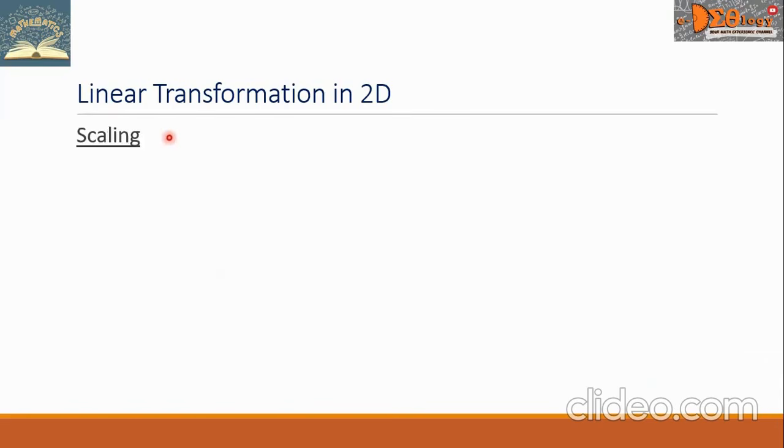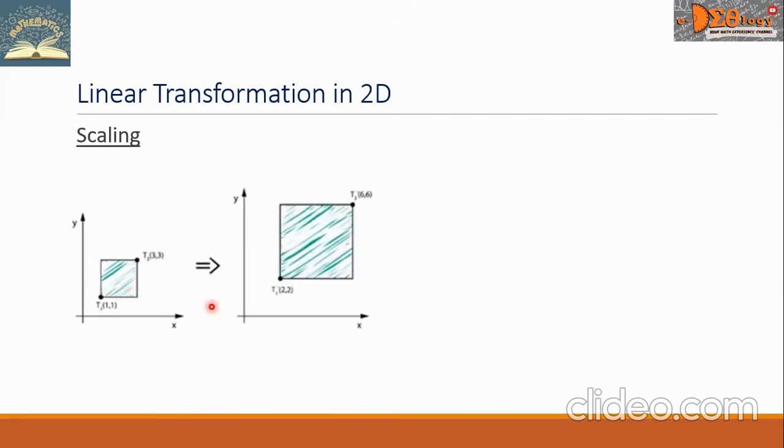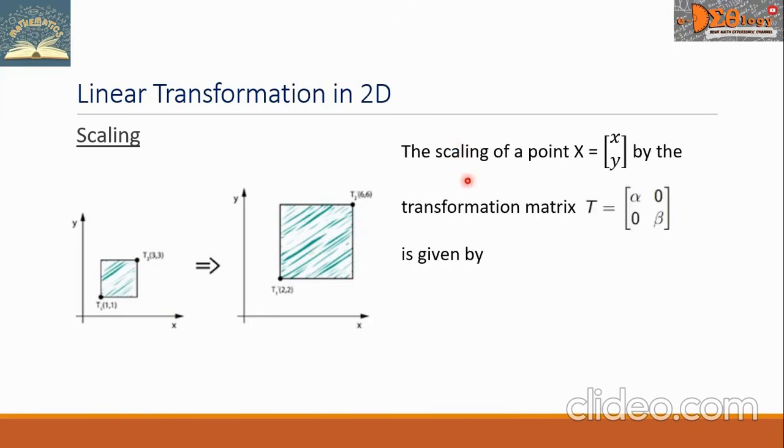Let us study scaling. Suppose we have here one square, and we are going to scale this into this bigger square. The scaling of a point X equals the column matrix x, y, by the transformation matrix T equals the 2 by 2 matrix with elements alpha, 0, 0, beta respectively, is given by our new point x prime, y prime respectively.